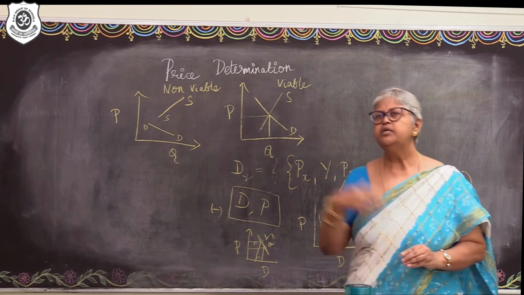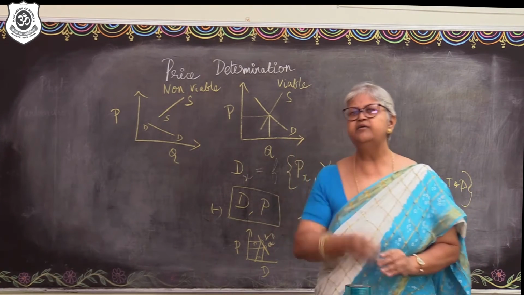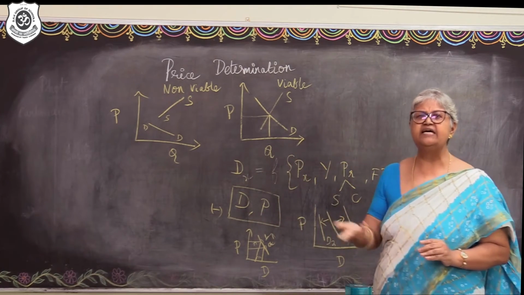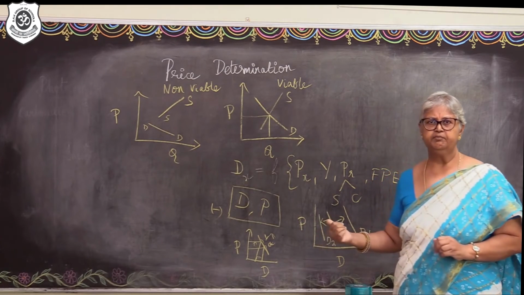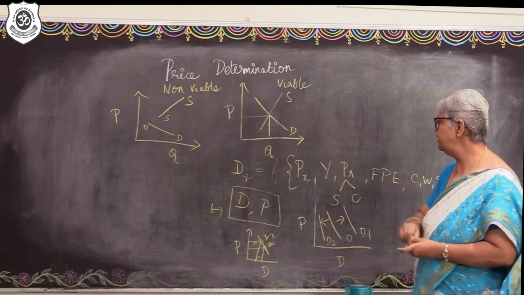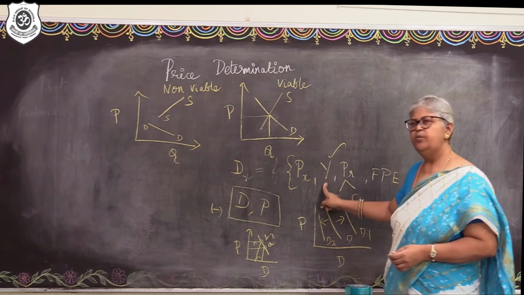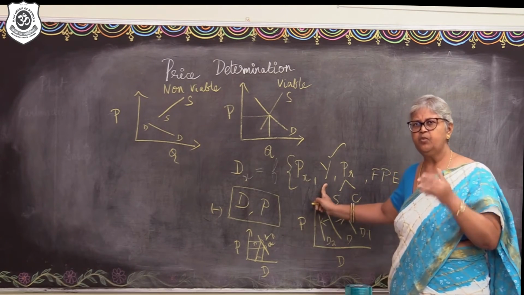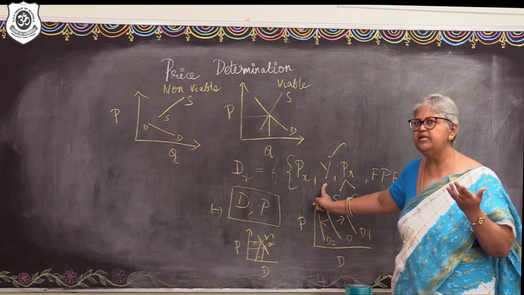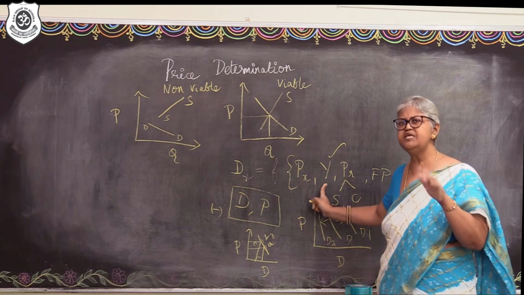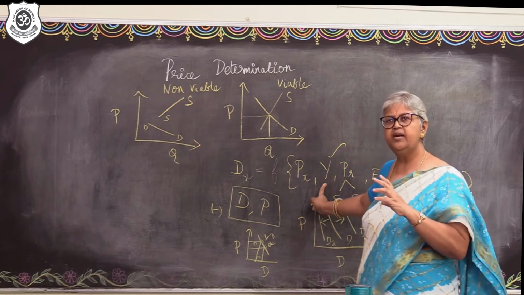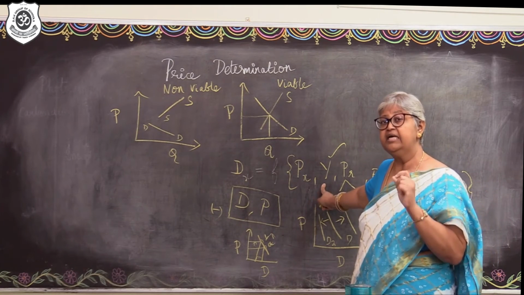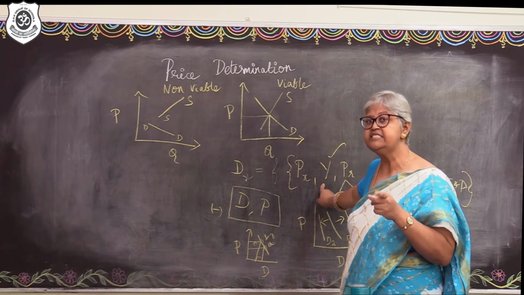They may happen due to any factor other than the price affecting the demand. Let's take up income, for instance. When the income of the consumer increases, the purchasing power also increases. Again, the condition is price should remain the same.